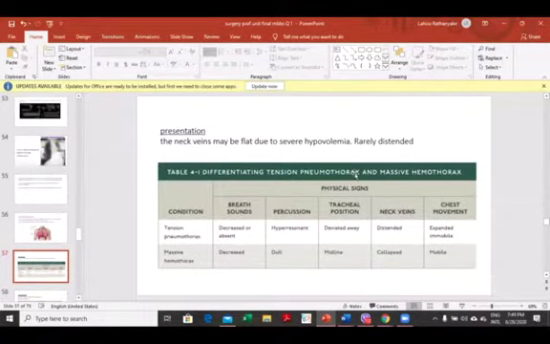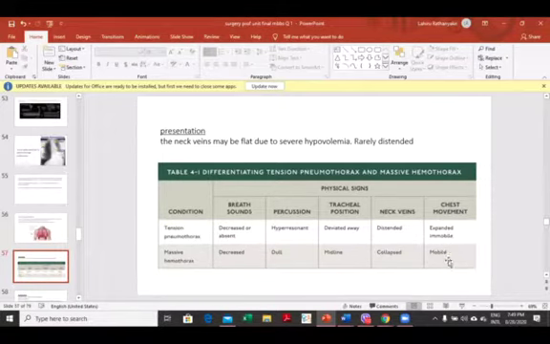Okay, then how do you differentiate tension pneumothorax and massive hemothorax? Usually in tension pneumothorax, the trachea is deviated, neck veins are engorged, and the chest is expanded and immobile. But in massive hemothorax, these things are absent. The trachea is not deviated and neck veins are usually not distended, but rarely distended.